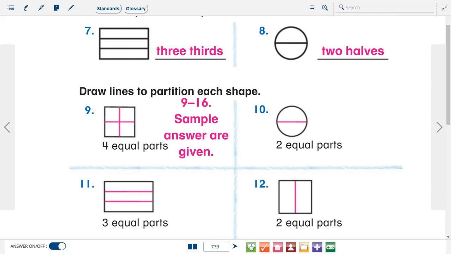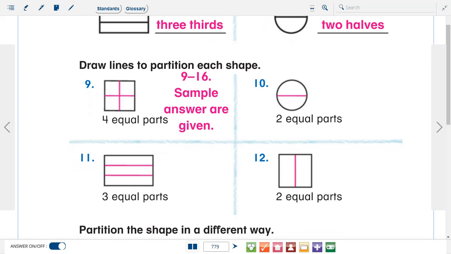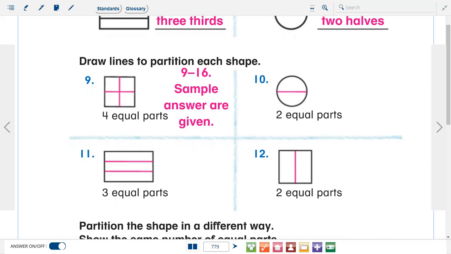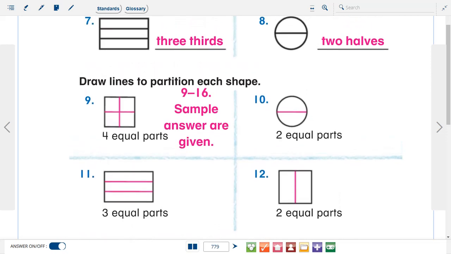We're going to cut it from the half. Yes. Okay, 3 equal parts. We're going to need two lines to have 1, 2, 3, 3 thirds. Two halves or two equal parts. Okay, write them fast.